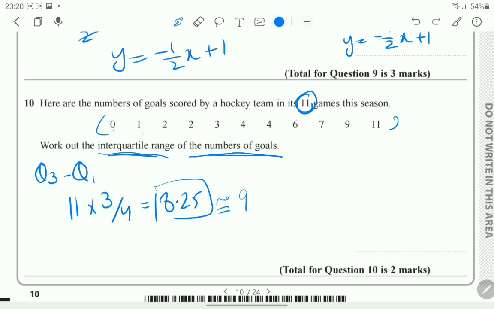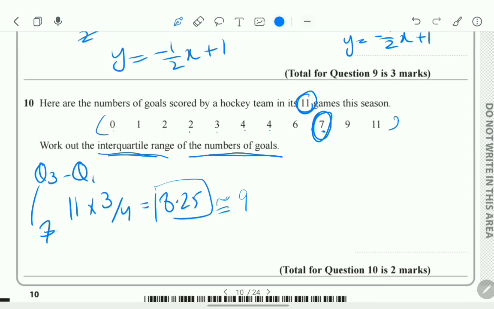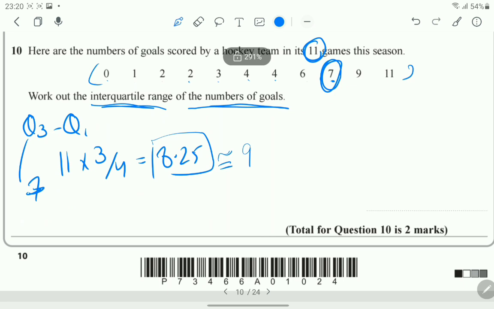So 1, 2, 3, 4, 5, 6, 7, 8, 9. So our Q3 is the ninth value that we were looking for, and it is 7. Q3 is 7.